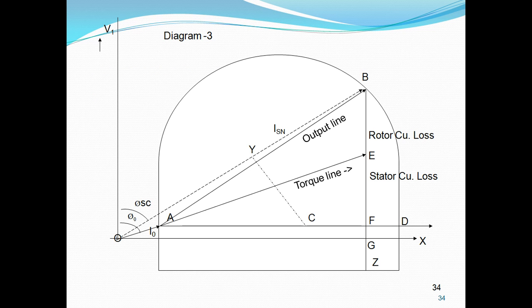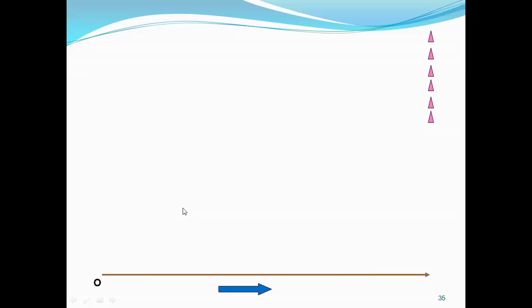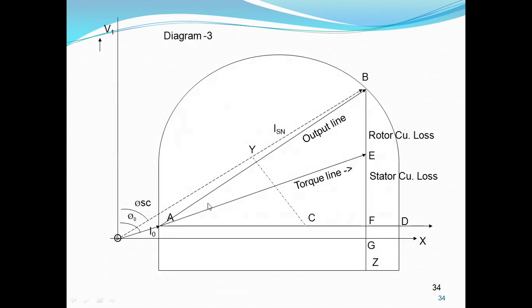See here, what we have to do is bisect the line AB and extend that line so that it cuts the AD line at point C. Now take C as center and AC as radius and draw a semicircle, that is ABD.